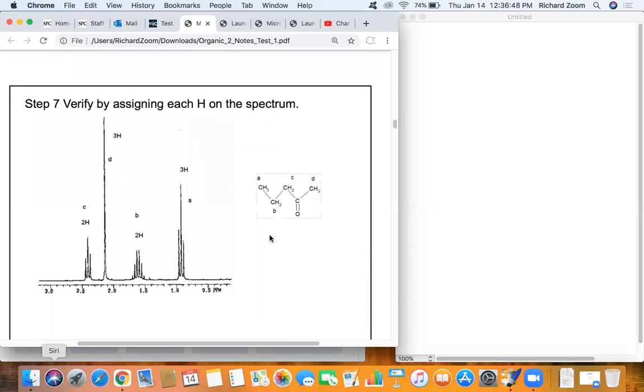So what we can do is we can actually assign each kind of hydrogen here one of these peaks, because each peak is for one of those hydrogens. And the way that we can do that is by using a combination of 2 things, the multiplicities and the integration. So the 3H is going to be the CH3.